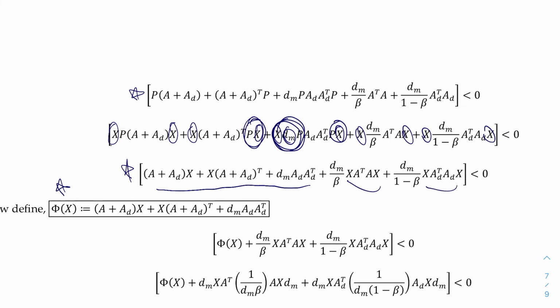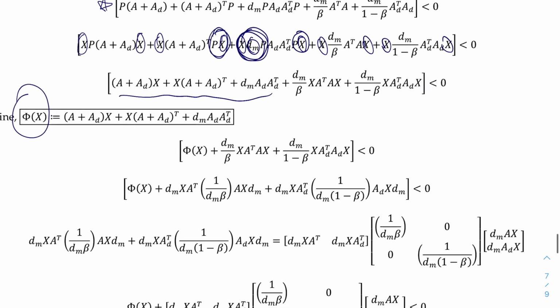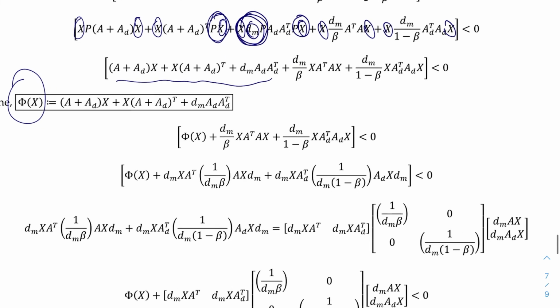Other expressions in x appear quadratically, so that's why we excluded those terms to define something called phi of x, okay? And now we have this. Again, it looks simple if you have that document, right?